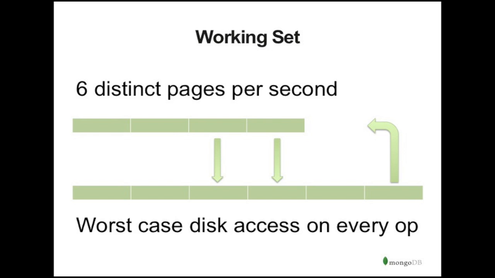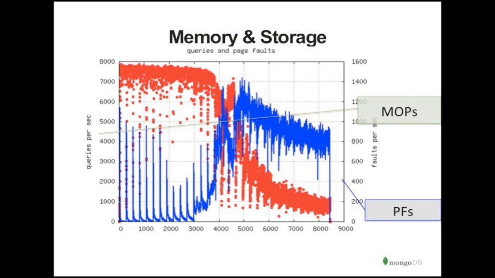So in the worst case scenario, every access will basically mean a different operation. This will probably reflect itself in this small graph that we have here, where we see a correlation between the number of millions of ops that we do from MongoDB and the number of page faults that are happening. Every time you ask for data that is not in memory, a page fault will be emitted and the eviction of memory will occur.